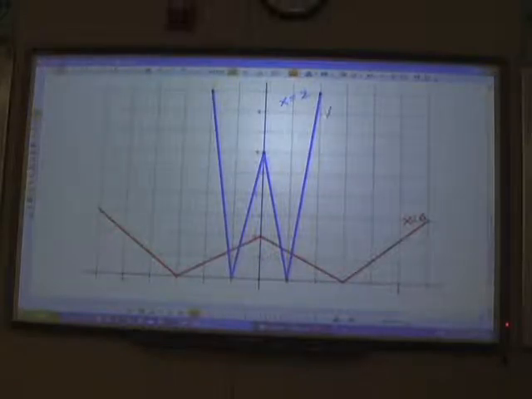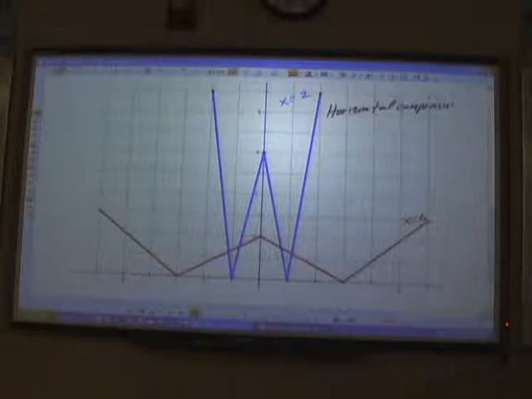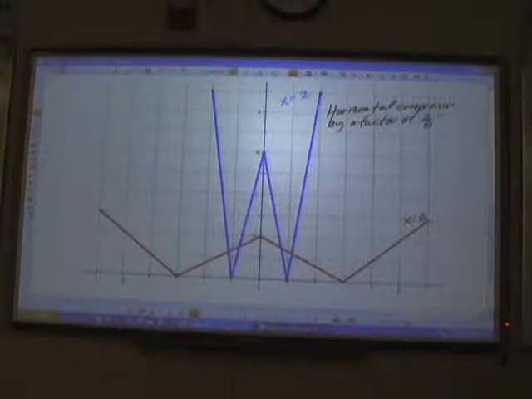So we have a horizontal compression by a factor of 2/6, or equal to 1/3. So that was a horizontal compression. Let's look at our y values.